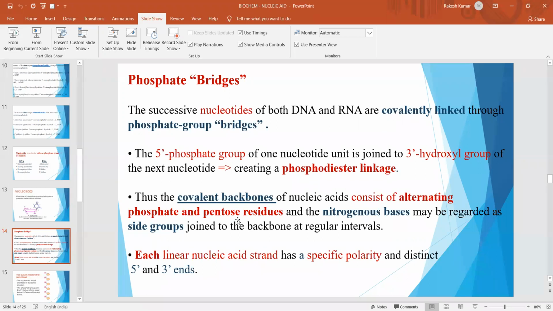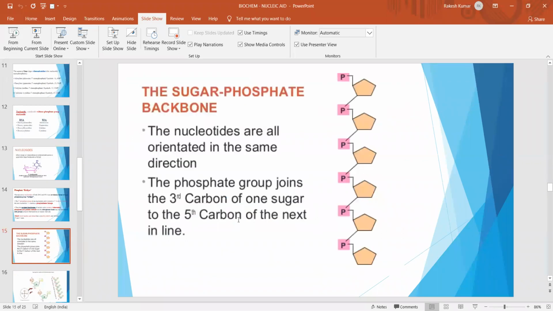Thus, the covalent backbones of nucleic acids consist of alternating phosphate and pentose residues, and the nitrogenous bases may be regarded as the side groups joined to the backbone at regular intervals. Each linear nucleic acid strand has a specific polarity and distinct 5' and 3' ends. Here you can see the sugar phosphate backbone of a nucleotide strand.